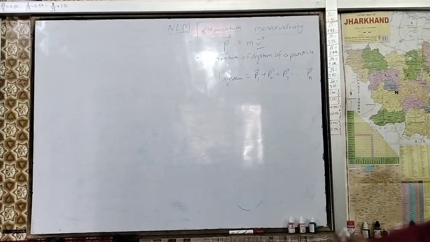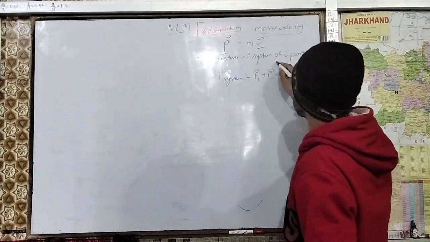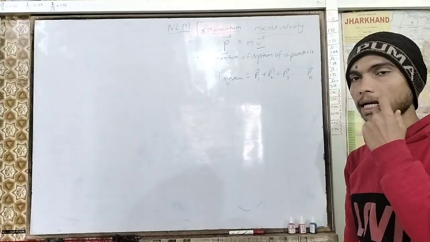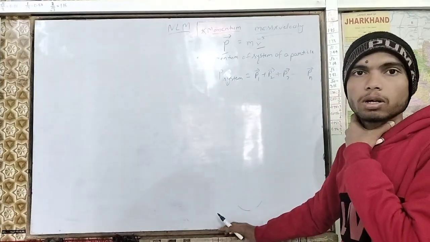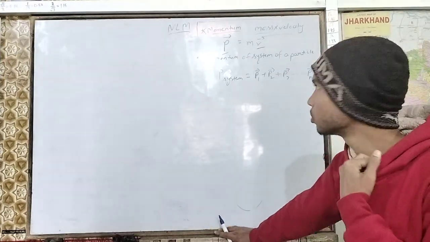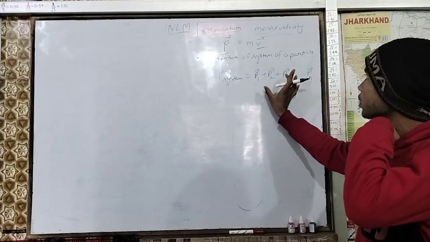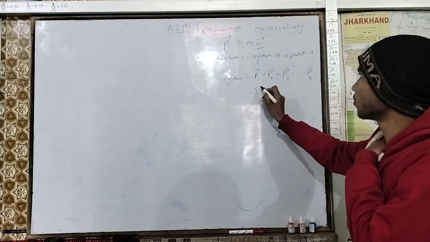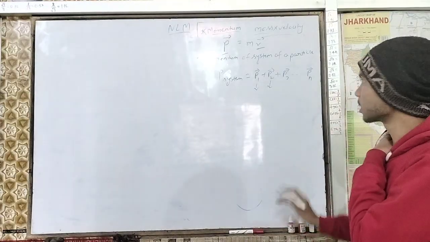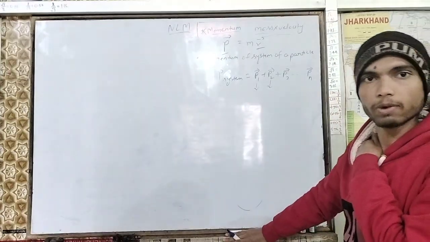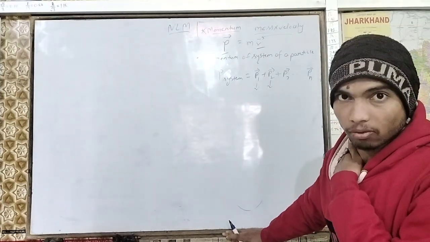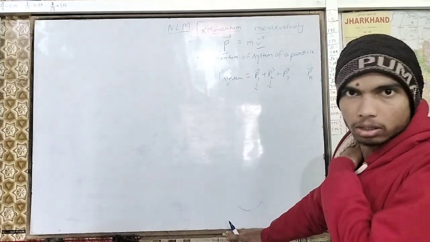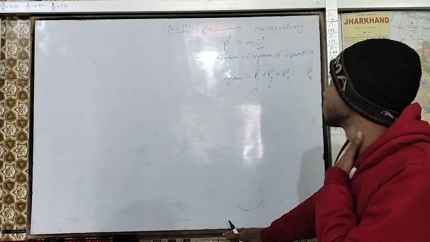For example, we are taking the momentum of a system of particles. There is a system, and inside this system there would be a lot of particles. So these are the momenta of those particles. This is the momentum of one particle, this is the momentum of another particle. Like this, whatever the number of particles you have, just add all those momenta.